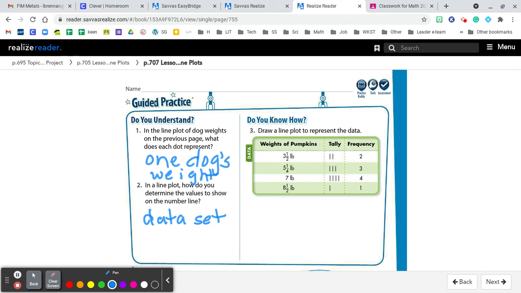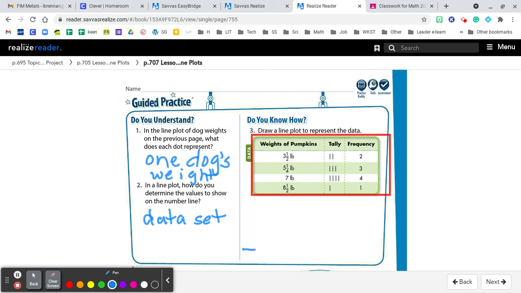Draw a line plot to represent the data. They've already given you a table with tally marks, so we can go right into doing our data. So we look at the range. It goes from 3.5 to 8.5.